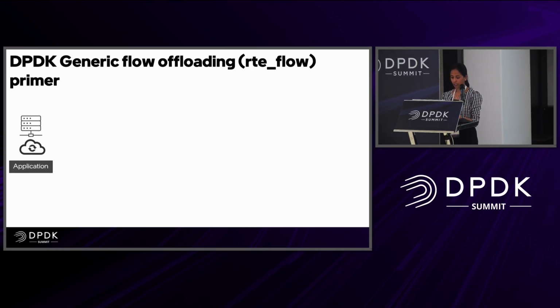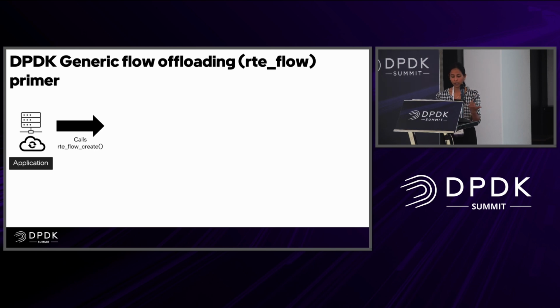Going a little into how this generic flow offloading works: in DPDK, it is enabled by rte_flow. The content of this slide you might already be familiar with, because Adam already covered a few of the functions in the rte_flow API which help enable this functionality.